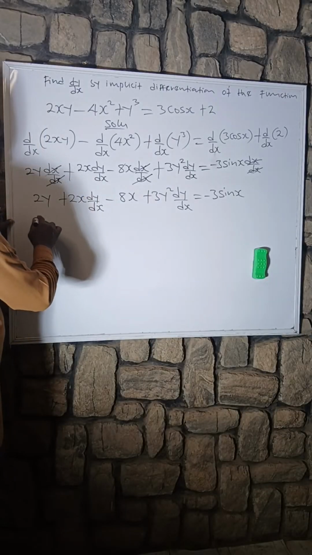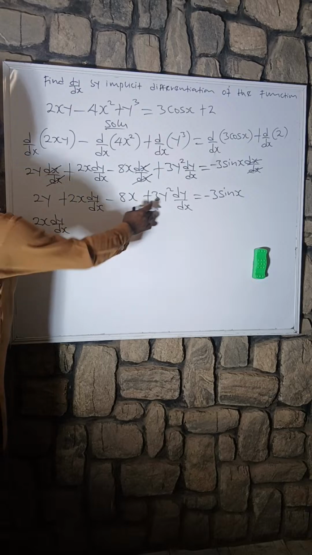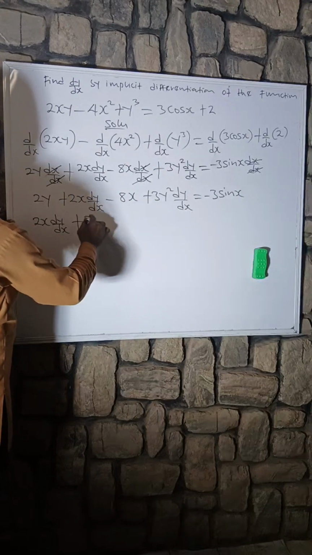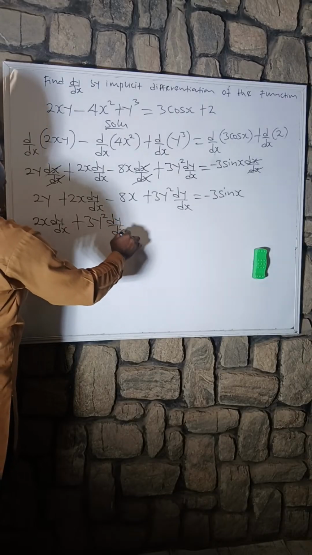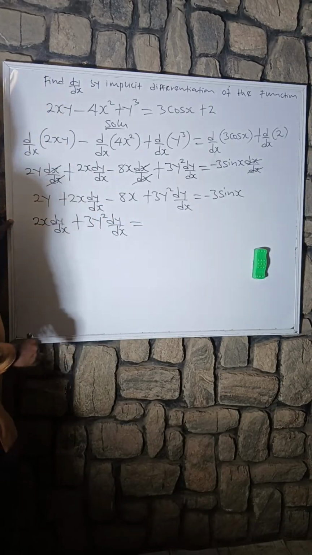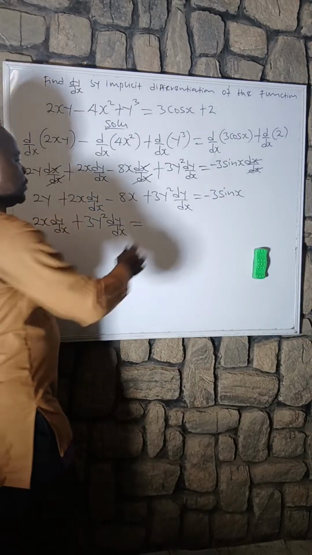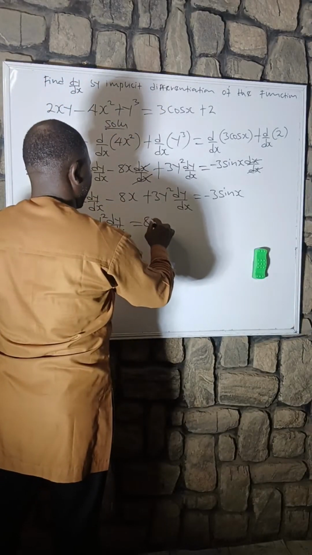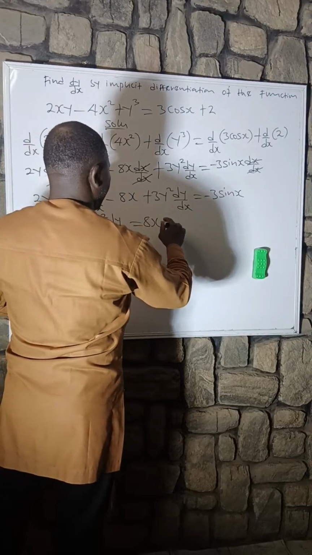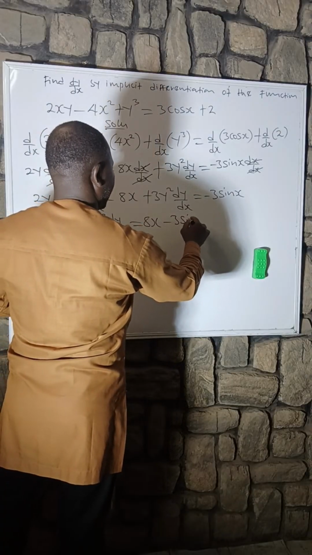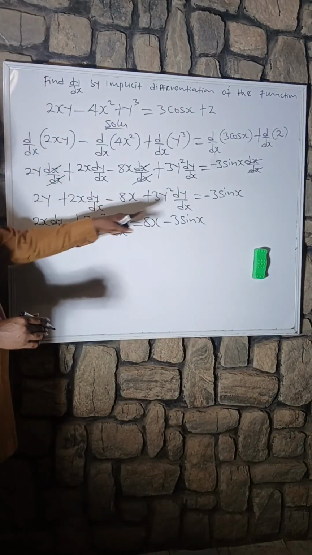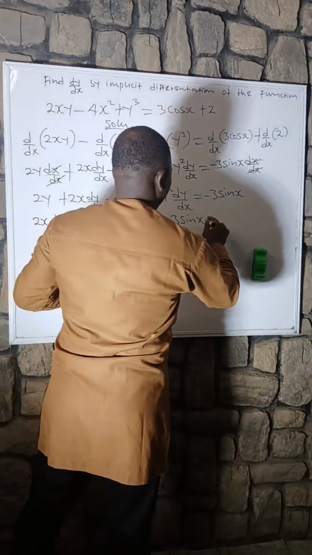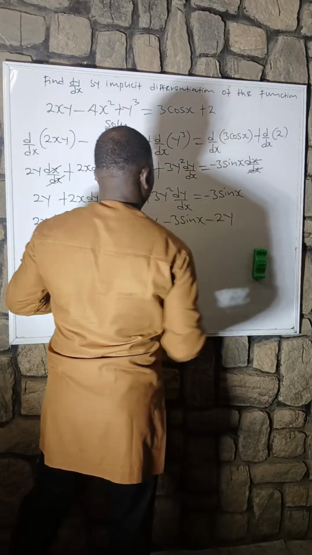It means 2x dy all over dx, then plus 3y squared dy all over dx. Then this will be equals to, take minus 8x to this side, we are going to have plus 8x minus 3 sine x. Then take plus 2y to the right hand side, we are going to have minus 2y, right?